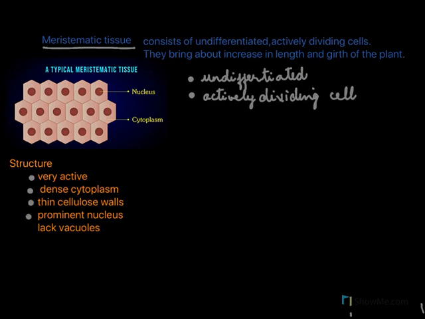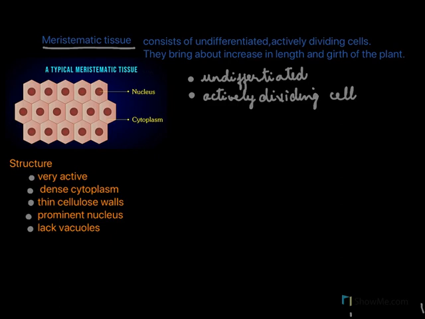They also have a prominent nucleus, since the nucleus plays a very important role in the division of a cell. They lack vacuoles because they do not need vacuoles. There is no need for storage. Vacuoles help in storage and rigidity and turgidity of the cells. The meristematic cells do not need to store food, so they do not have vacuoles.